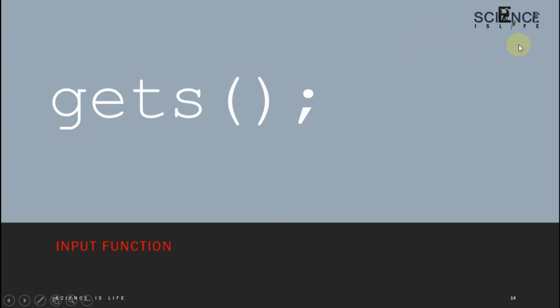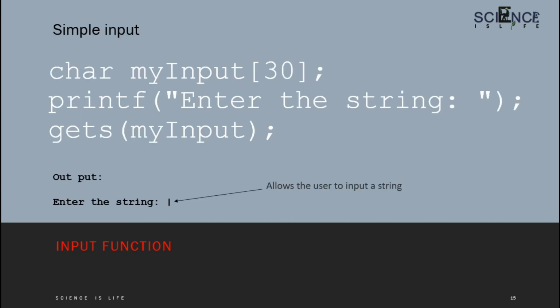Okay, now let's see how the gets function and puts function work, right? The gets function is also similar to the scanf function, but there is a difference. The scanf function allows us to input integers, floats, and several other data types, but the gets function allows only strings, right?